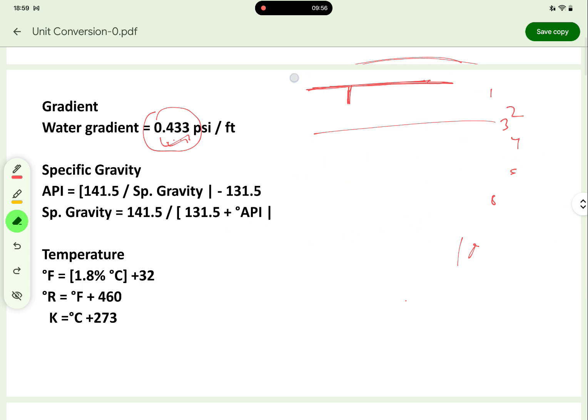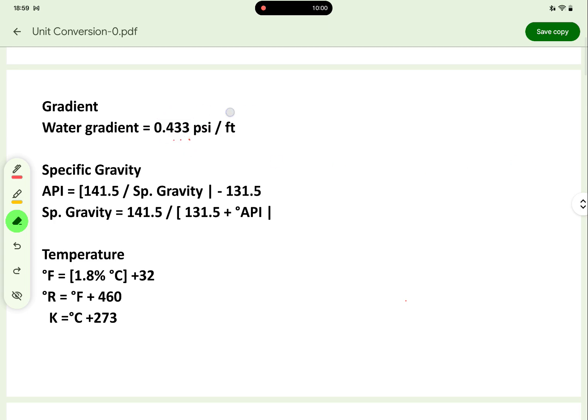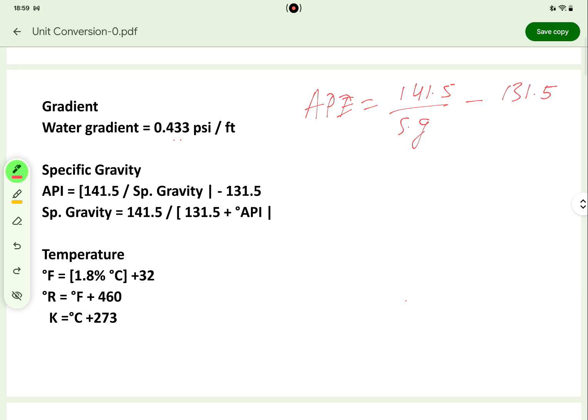Now the next point we want to discuss is API, the American Petroleum Institute. API has given a formula. That formula is 141.5 divided by specific gravity minus 131.5, right?